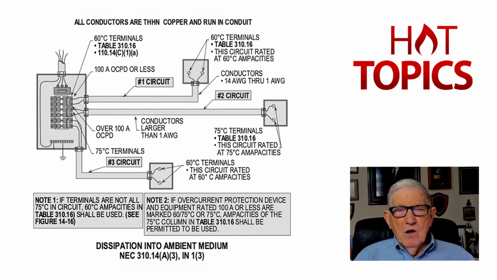Now, note number 2 tells you that for 100 amps or less, they're automatically 60 degrees C if they're not marked 60/75 or 75 degree column.